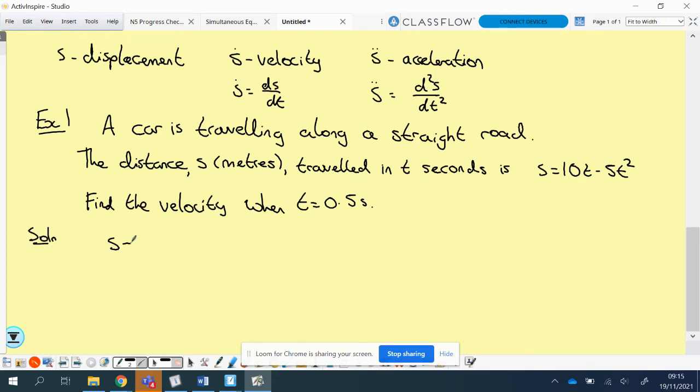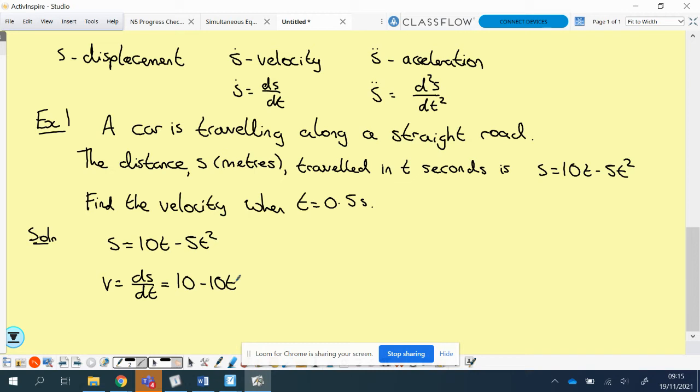Well, our displacement, our distance formula is 10t minus 5t squared. To get the velocity, that's ds by dt. Therefore, we differentiate this with respect to time, so that's going to give me 10 minus 10t. Okay.